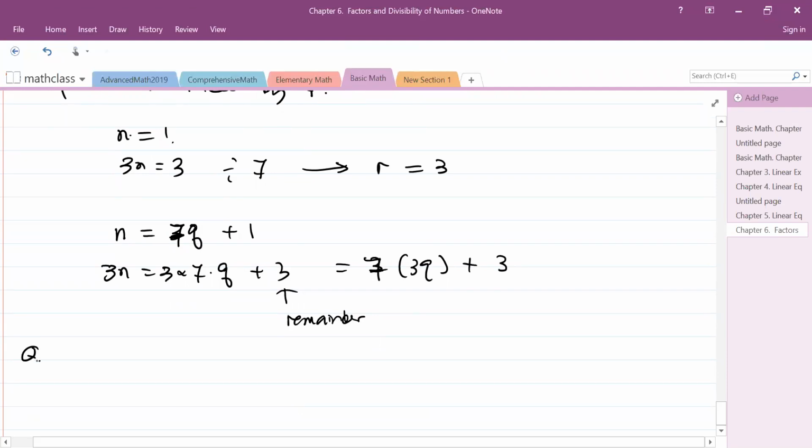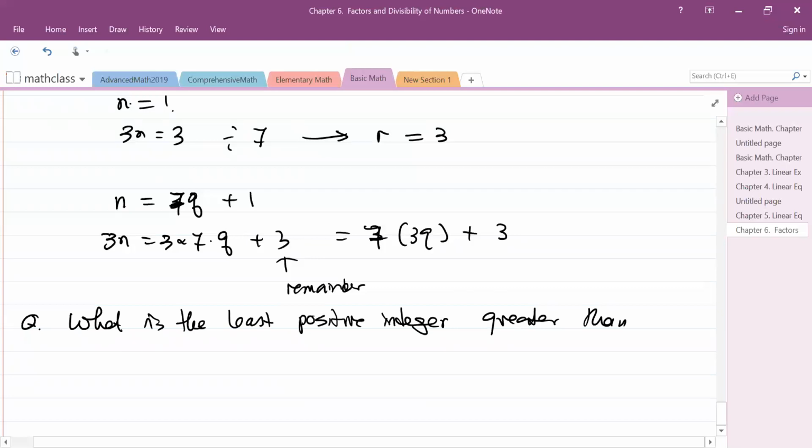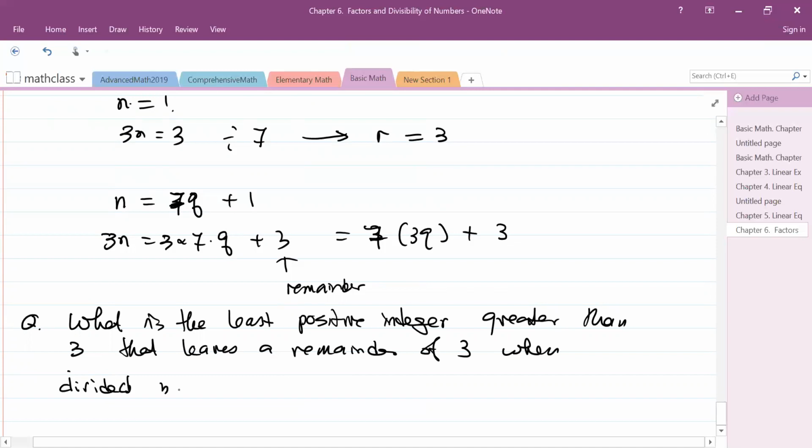Here's the question: What is the least positive integer, greater than 3, that leaves a remainder of 3 when divided by the following numbers? When divided by 4 and 5.